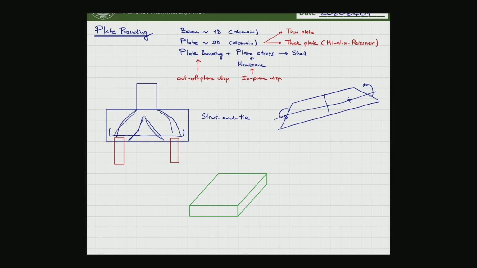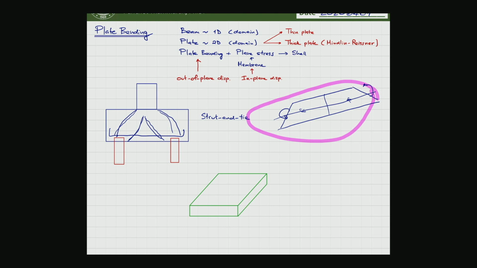You use reduced integration to evaluate the shear part of the Timoshenko beam to avoid shear locking, and so on and so forth. But all of these things we used to talk about are under the formulation of a structural member like this, which is the beam.